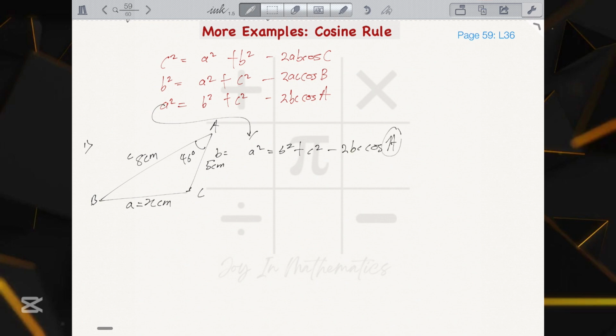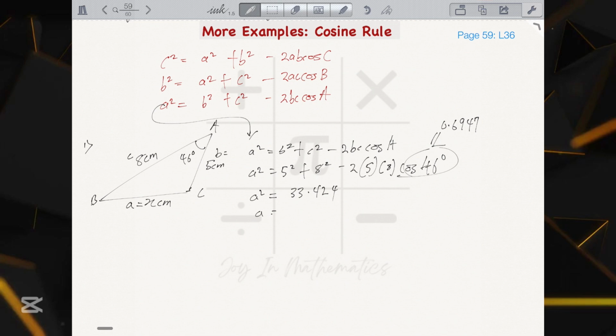Simple as ABC. So with that, let's make our substitution. Our b is 5, our c is 8, minus 2 into 5 into 8, and the angle A is 46 degrees. So we have a squared simplified to 33.424, after substituting cos 46 degrees as 0.6947.